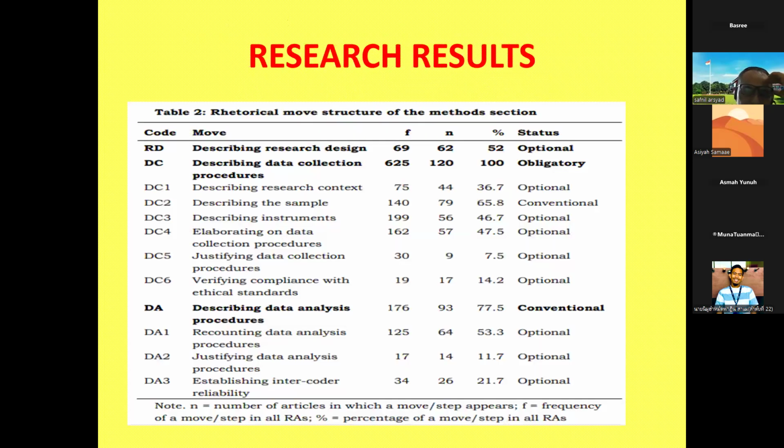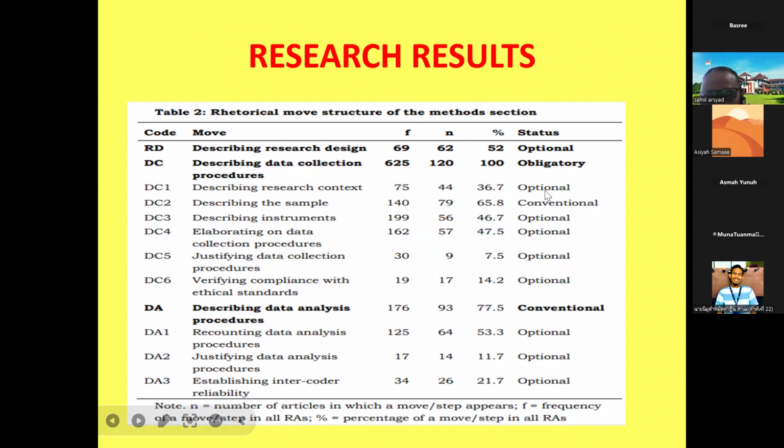And then this is the result, according to Zhang and Wanaruk. Move one is optional. RD, describing research design, is move one. This is optional. Move two is obligatory, but not all steps are obligatory.